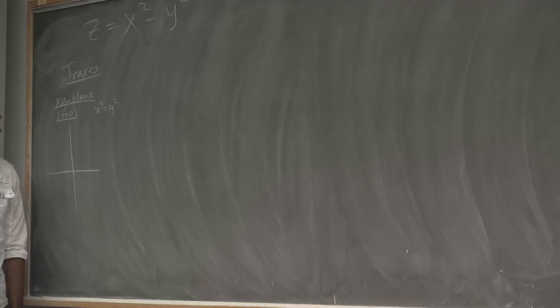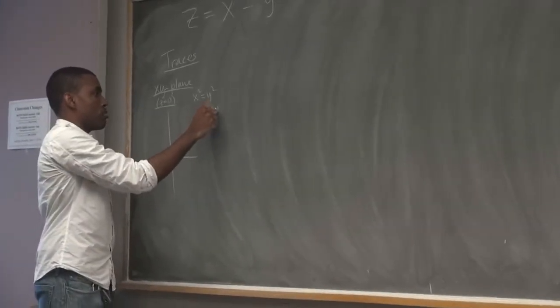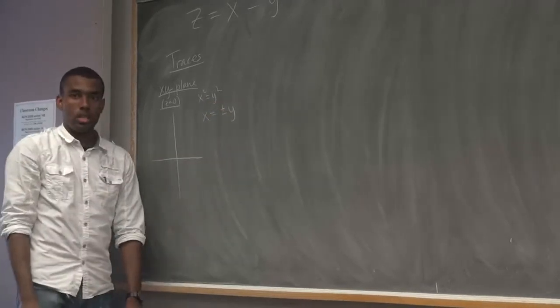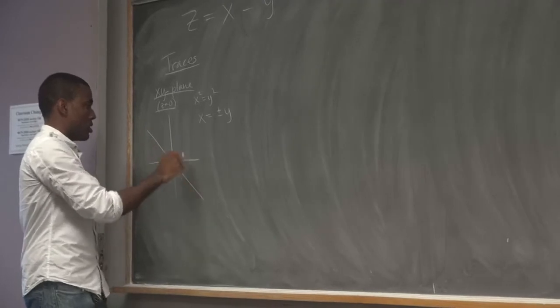Take the square root of both sides, it's plus or minus 1, so it's a line going out with a slope of 1. It's the absolute value, so you draw the absolute value in both directions. It looks like that.